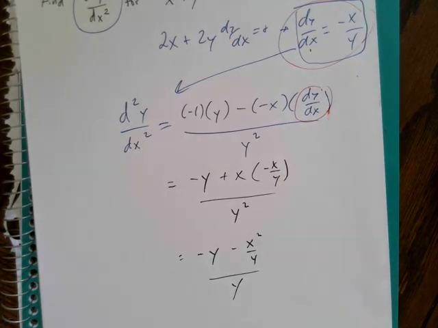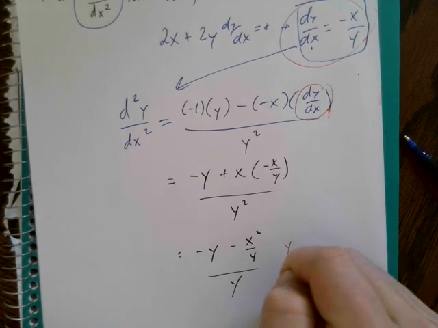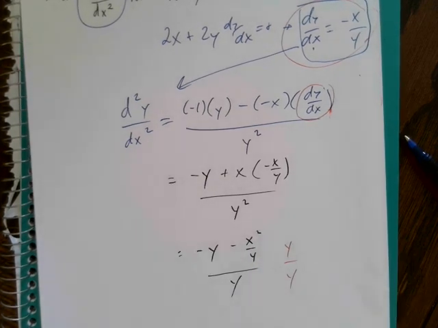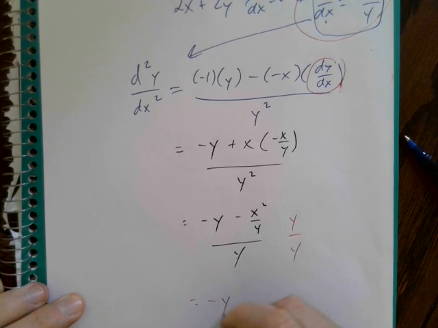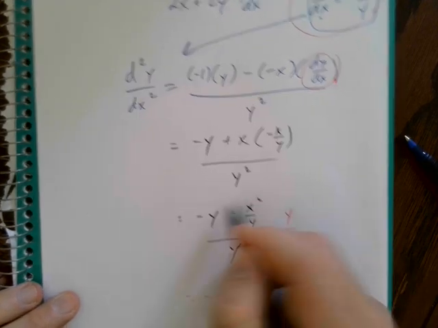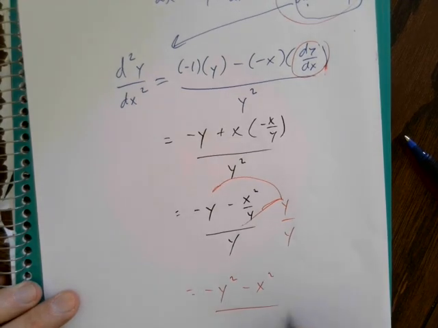But it's kind of bad form to have a fraction in your fraction. So we get rid of that by multiplying everything by the denominator of that fraction that we want to get rid of. So multiply the top by y and the bottom by y. That'll give us negative y squared. And then those cancel out, so it's just minus x squared over y cubed.